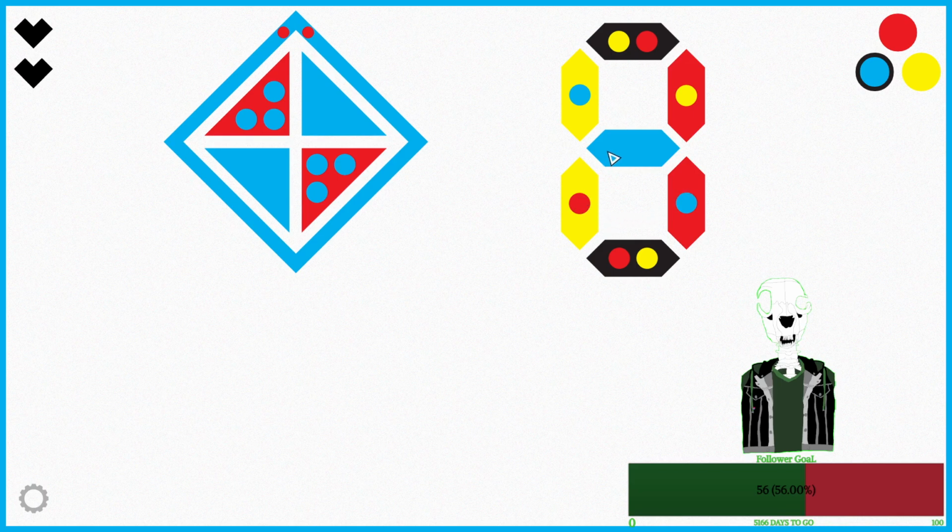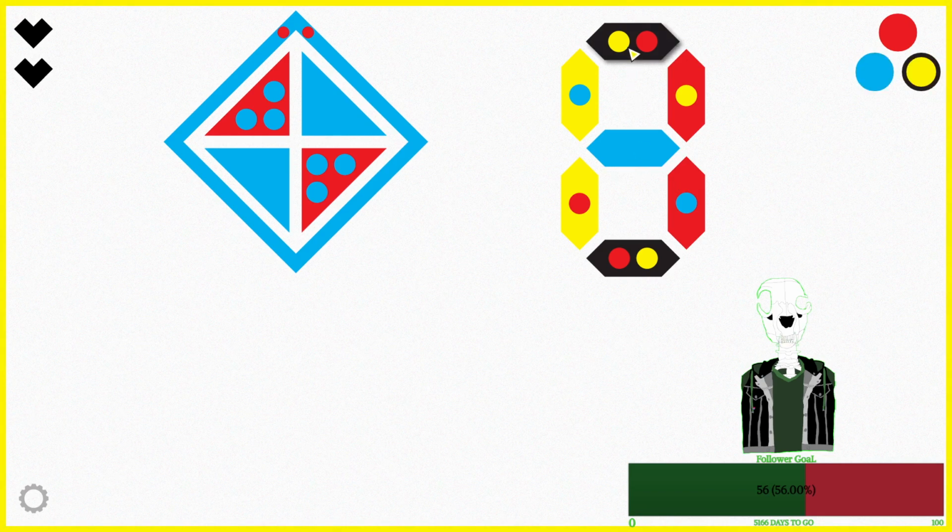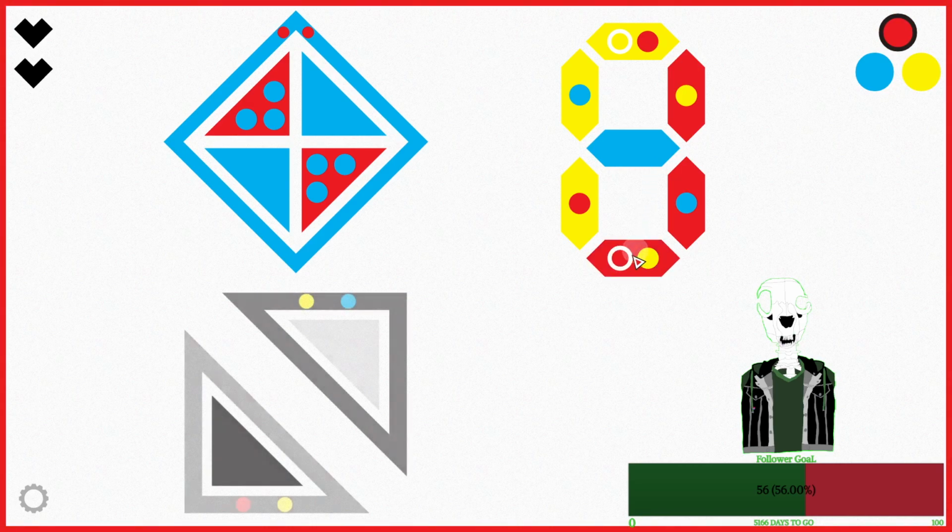Because say if this was red, then this up here would have to be yellow, which means there'd be nothing for the blue. Whereas if this is yellow, this can be red. But if these were blue, like I explained earlier, these two would fight. But now we can. Boop.